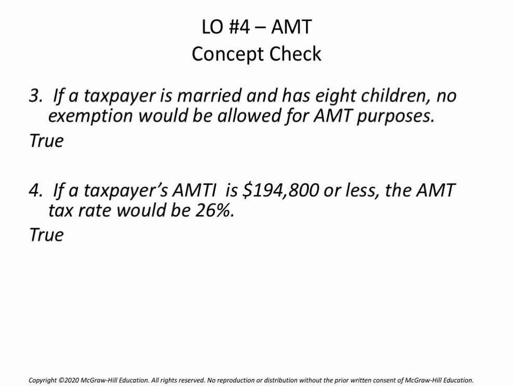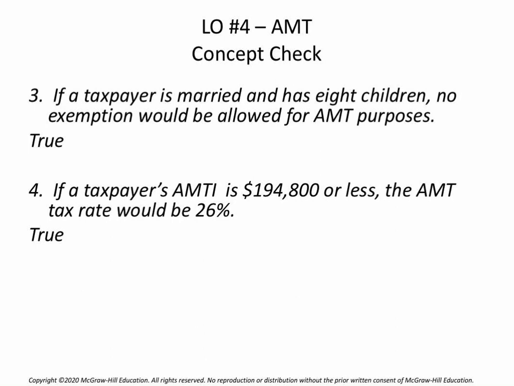If we are over $194,800, then we are going to be in a 28% tax rate, but we would subtract out the amount for the alternative minimum tax income up to the $194,800. Mathematically, another way you could do that is just to subject the first $194,800 to the 26% rate, and then anything over $194,800 would be subject to 28%.